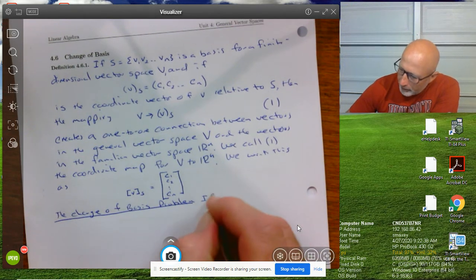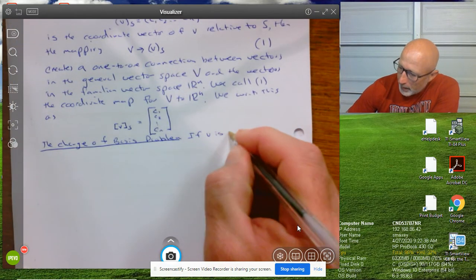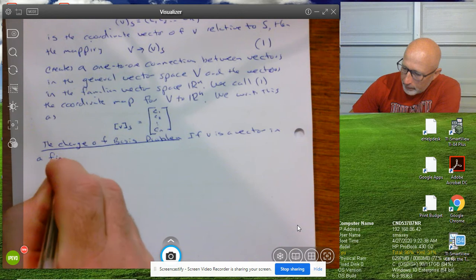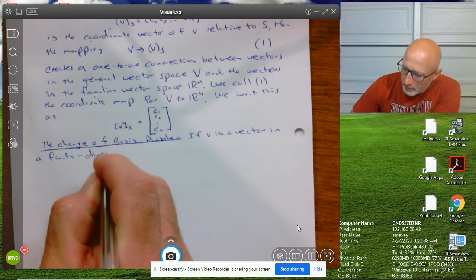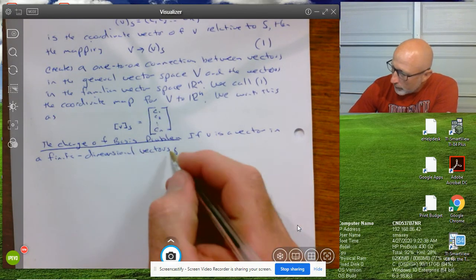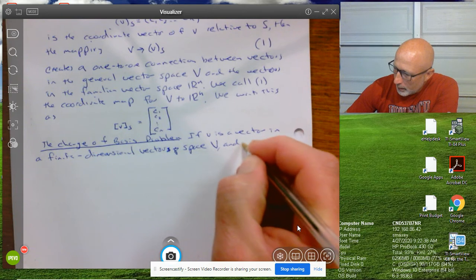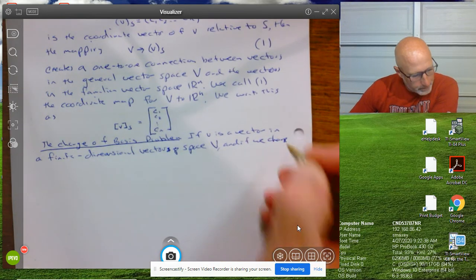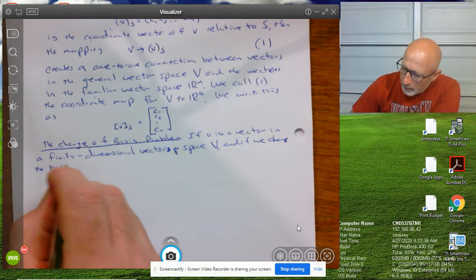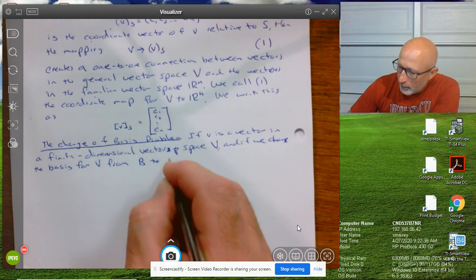If V, and I have to write small here because there's a lot to be written down, if V is a vector in a finite dimensional vector space V, and if we change the basis for V from B to B prime.